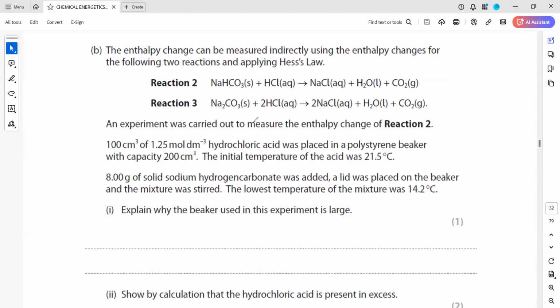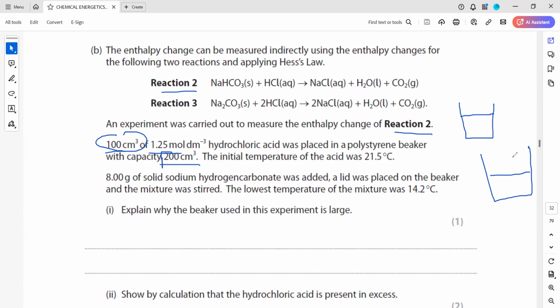An experiment was carried out to measure the enthalpy change of reaction 2. 100 cm³ of 1.2 mol per dm³ hydrochloric acid was placed in a polystyrene cup and beaker with a capacity of 200. Look, we are using 100 cm³, but the capacity of the beaker is approximately double the amount of the acid used.